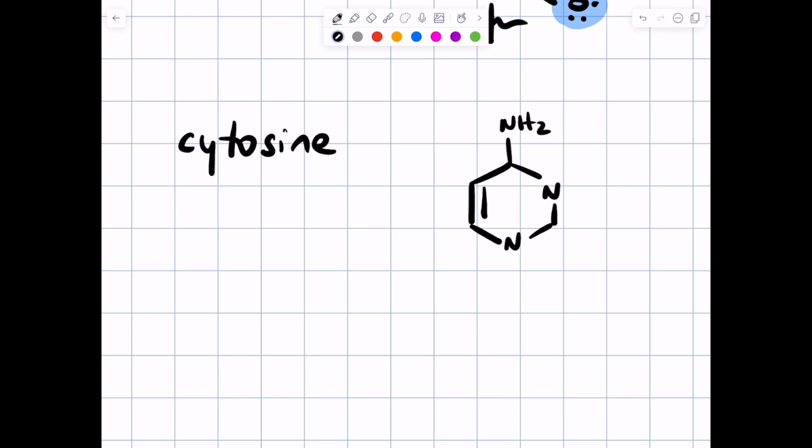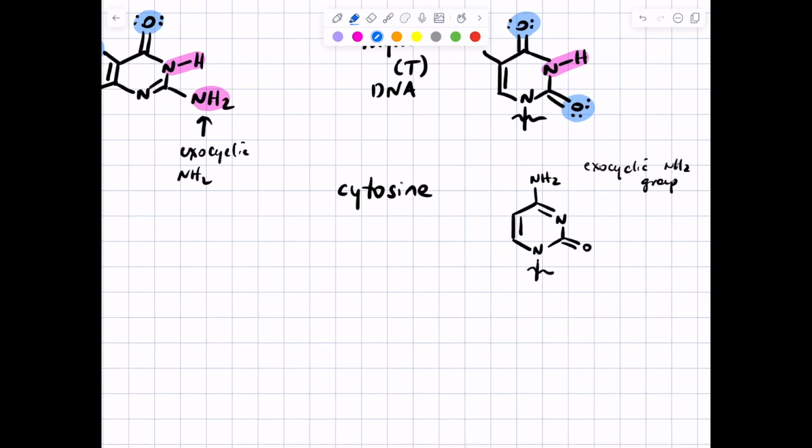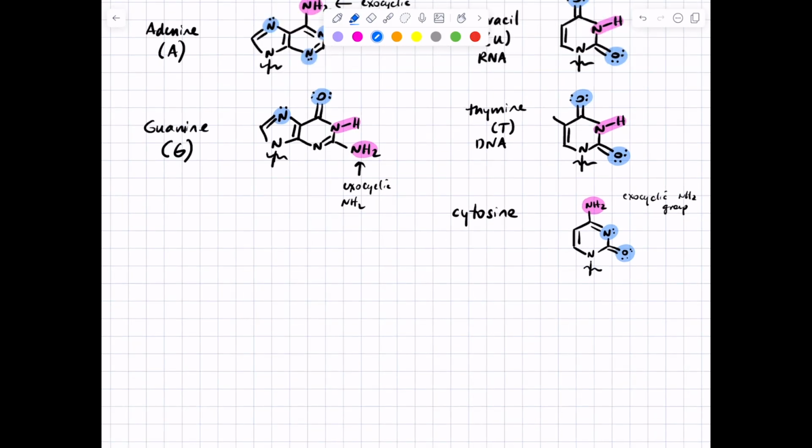So cytosine has the same six-membered ring structure with the nitrogens in the same relative orientation with respect to each other. Cytosine also has an exocyclic amino group, and the pattern of hydrogen bond donors versus acceptors on cytosine is donor, acceptor, acceptor.